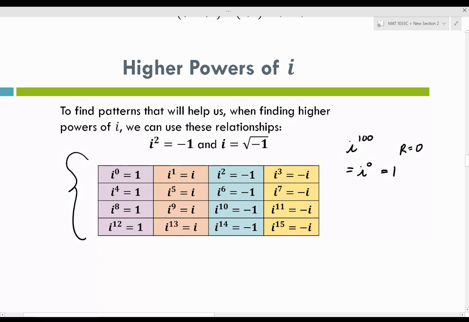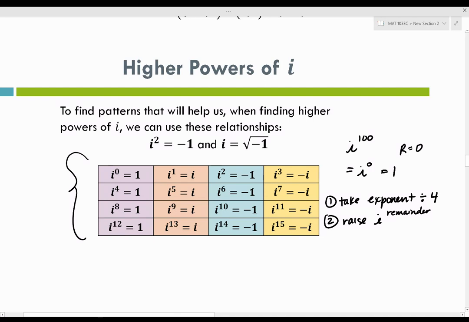If you ever want to find out your answer for a higher power of i problem, step 1, you're going to take your exponent and divide it by 4. Then you will raise i to your remainder.